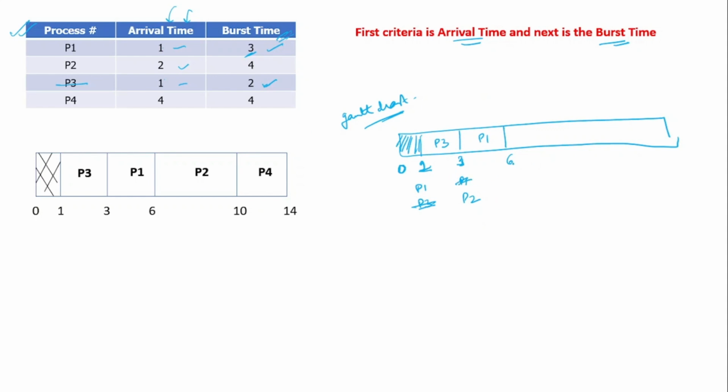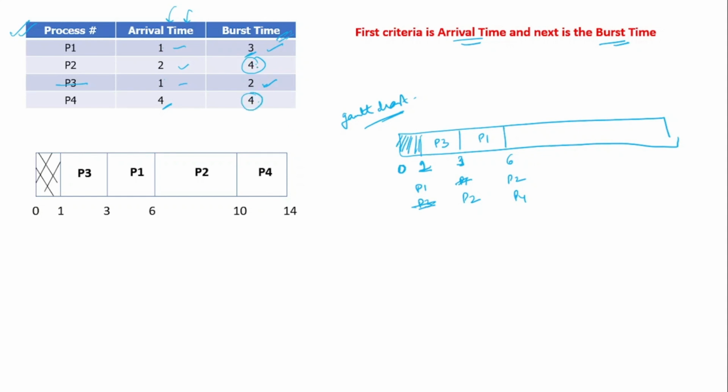At the 6th second I have P2, and now P4 also, because the arrival time of P4 is 4, so it has already arrived. Now out of P2 and P4, both have the same burst time.